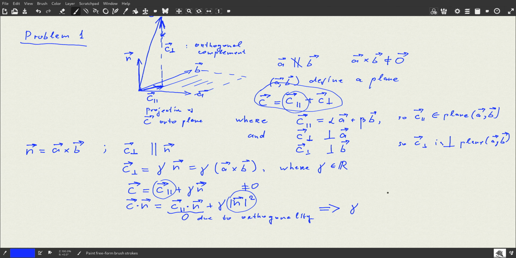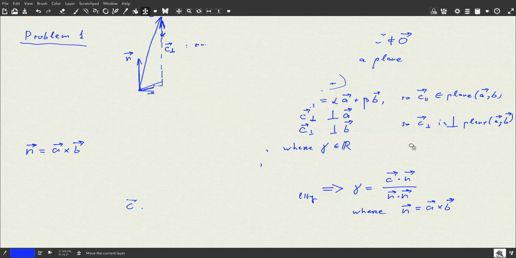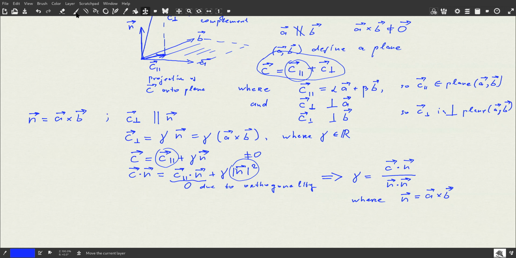Therefore, gamma is C dot n divided by n dot n, where n is just A cross B. And therefore, we immediately got our C orthogonal equal to gamma n, and therefore it is C dot product n divided by n dot product n.